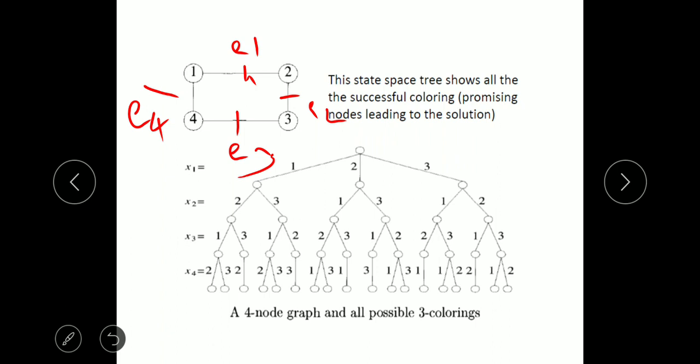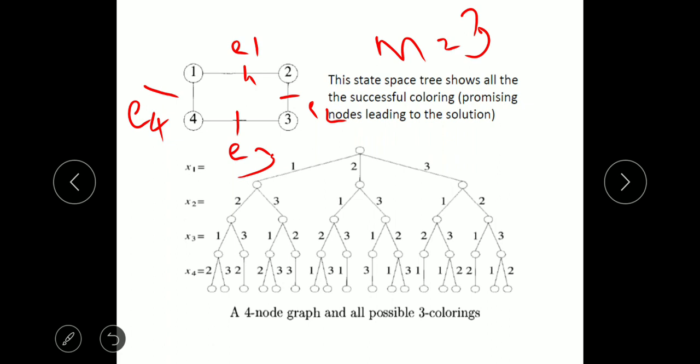So let us start with vertex 1. How many possibilities do we have to color this graph? Let me take M as 3, so I have three choices. I start with vertex 1.